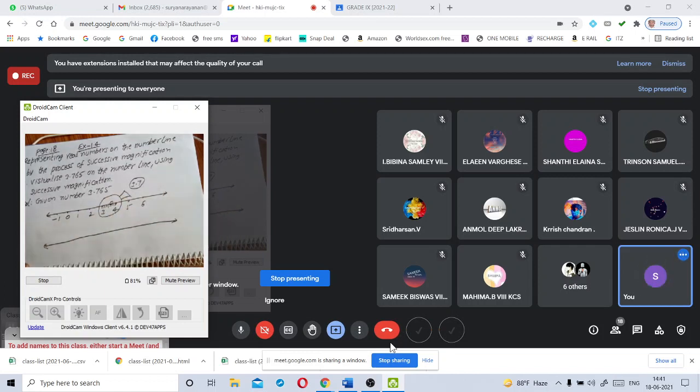Do you know, in the science lab also there is a magnifying glass. Here we are drawing that magnifying glass roughly. So between 3 and 4, this 3.7 lies. Next, see there, again we have to magnify this one, 3 and 4.